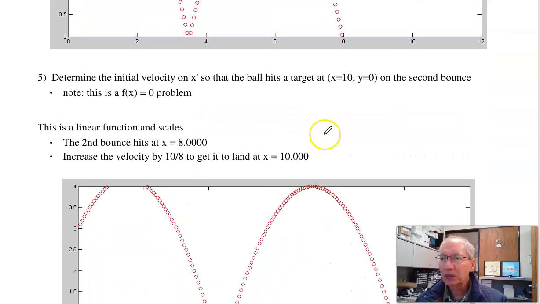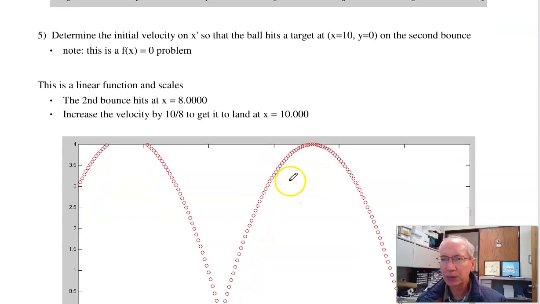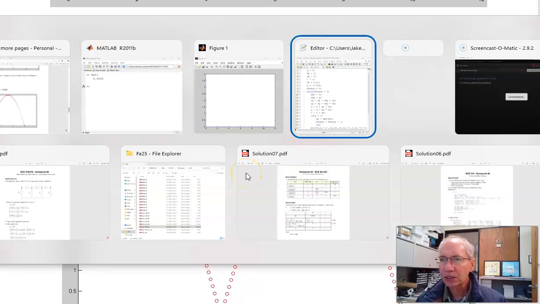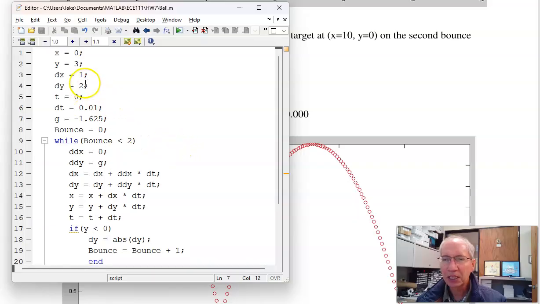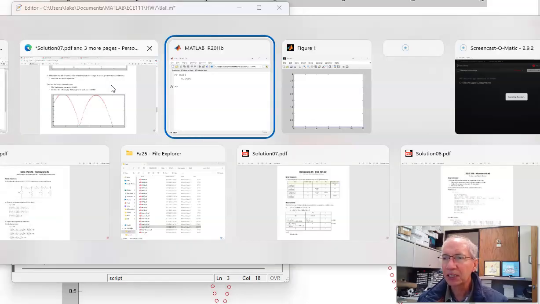If I want the second bounce to be at 10, what I can do is just scale it. So let's see. This velocity gave me 8.06. If I scale it, I should land at 10.